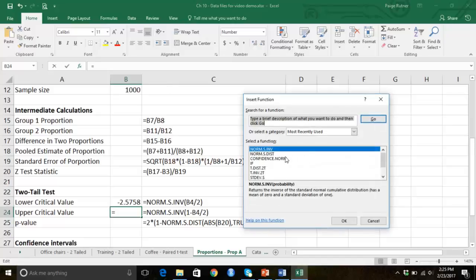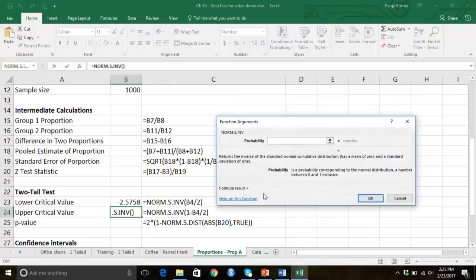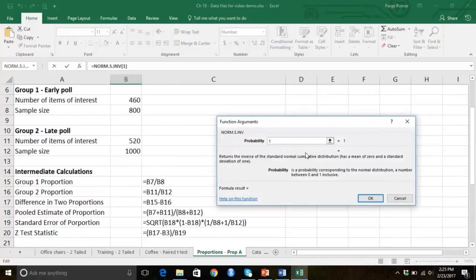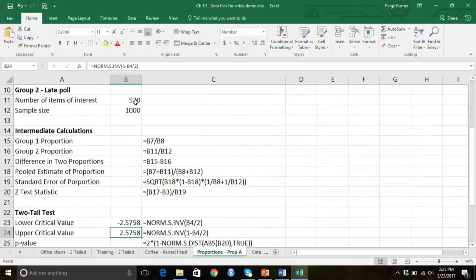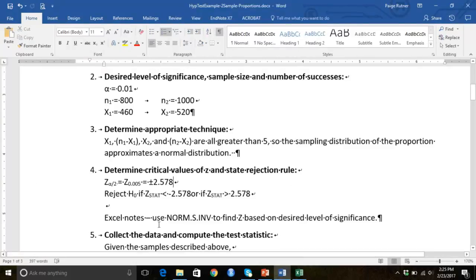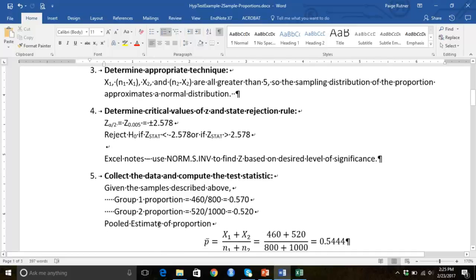And so again, I'm using my NORM.S.INV function. And so what I will put here is 1 minus 1/2 of the alpha value, and that gives me my positive 2.578. So just confirming that we're able to determine those critical values. And of course, if you want to, you can also look those up in the table and confirm them as well.